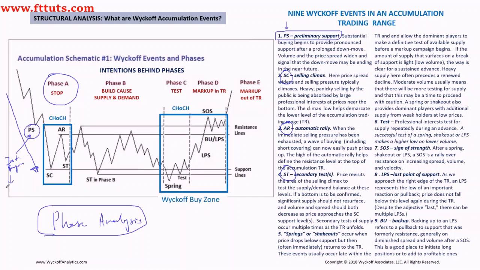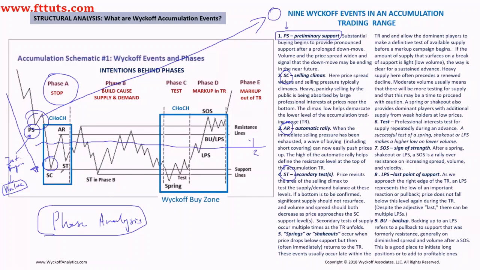Institutions at this point of time are already seeing some kind of value, and some of them are just a little bit more premature entering the position, which is totally fine with them because their time horizon is so long and big that even if they bought here and they sold somewhere here, this is still a profitable trade for them. Also, please think that there could be scaling in, and they could buy more at the selling climax and kind of average down, and then turn out to be averaging about 1/2 of the trading range or even below that.